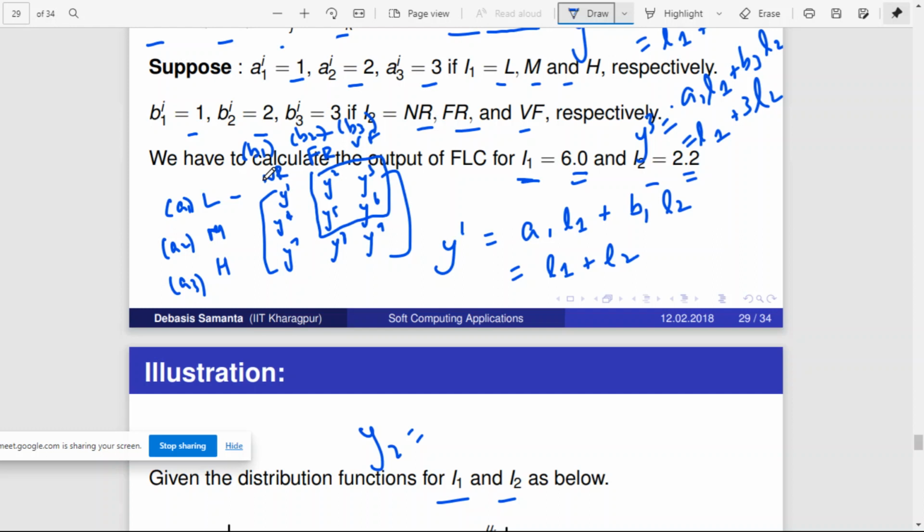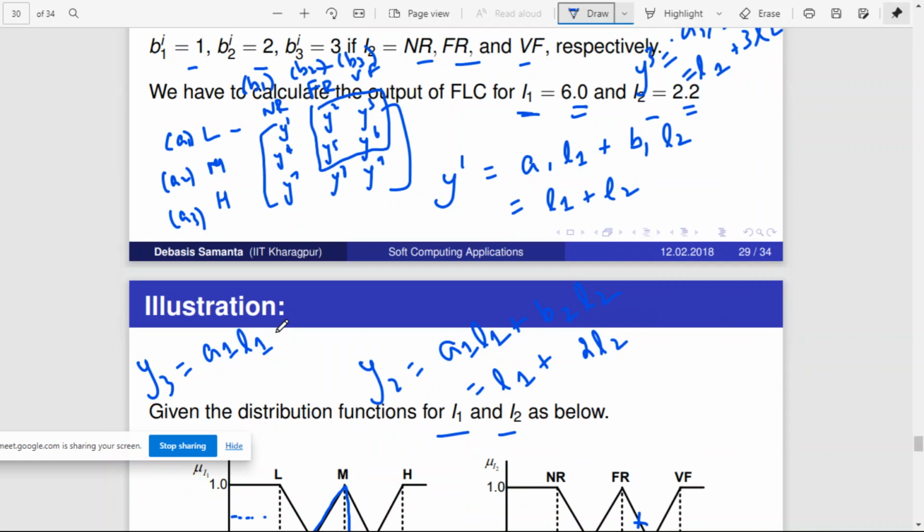So you can see the first rule is L1 plus 2 L2, right? The second rule is y3. Y3 is connected with A1 L1 plus B3 L3.